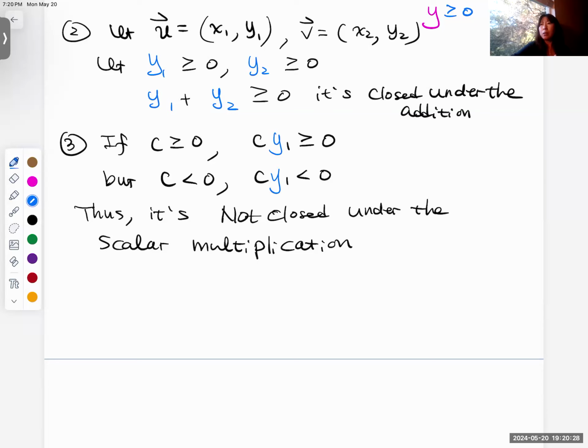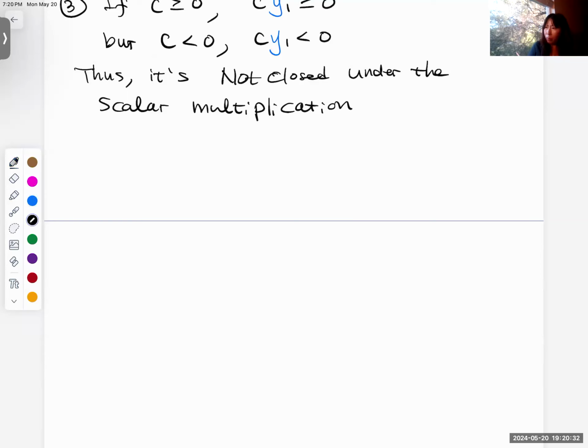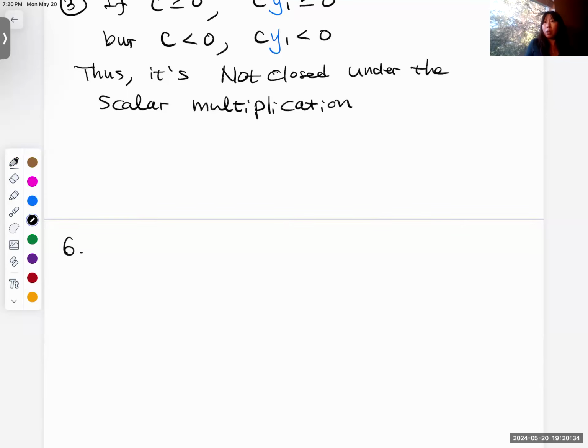Okay. Number 6. They say that this is the base. This is not base. Okay. Y is the set.